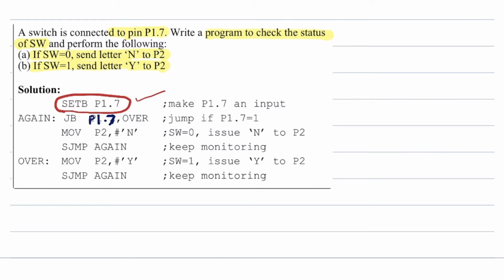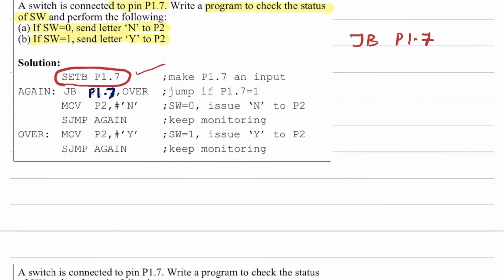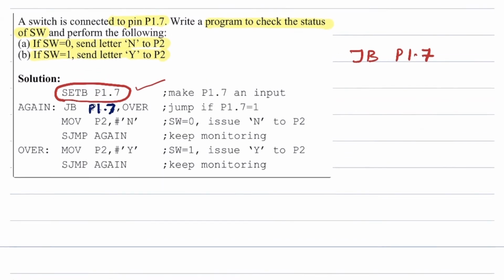You have to check this P1.7 bit, and if it is 1, so we have written here JB P1.7, that means jump if P1.7 is 1, right? So if P1.7 is 1, that means the switch is pressed, so we have to send the letter Y to the port.